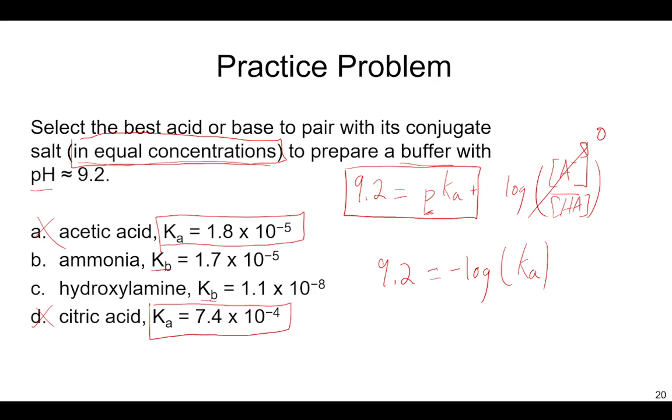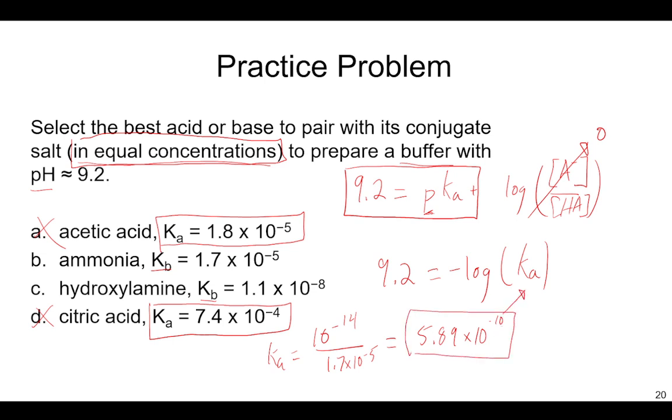For B and C, I'm given Kbs, but we'll remember that we can convert from Kb to Ka by doing 10 to the negative 14 divided by Kb. So here, let's do that for option B, ammonia, whose Kb is 1.7 times 10 to the negative 5. To get the Ka, I do 10 to the negative 14 divided by that value of Kb, and I'll get 5.89 times 10 to the negative 10. That's the Ka for ammonia.